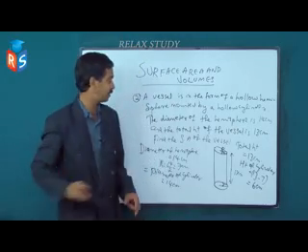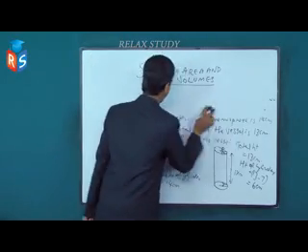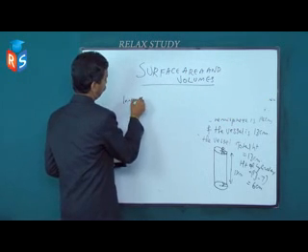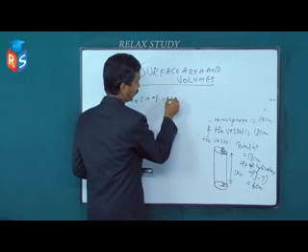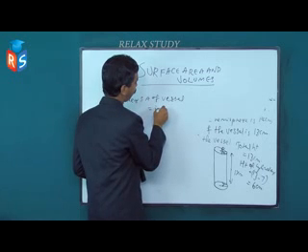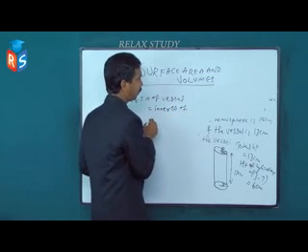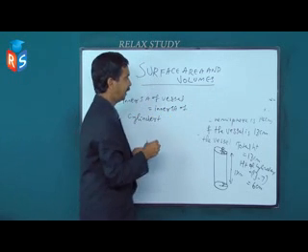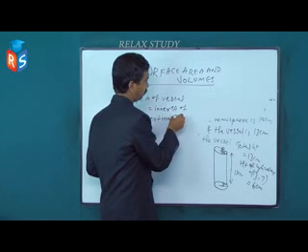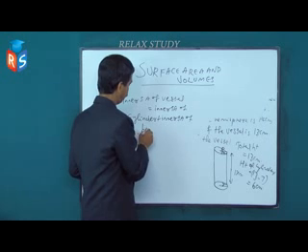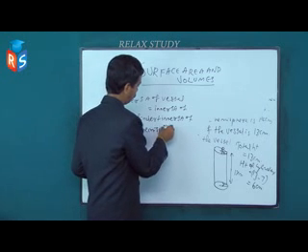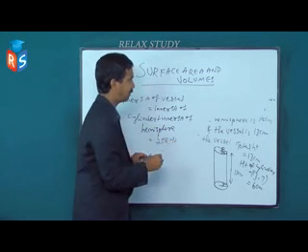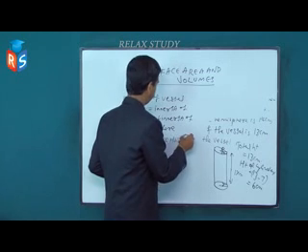Now the inner surface area of the vessel equals the inner surface area of the cylinder plus the inner surface area of the hemisphere, which equals 2 pi RH plus 2 pi R square.